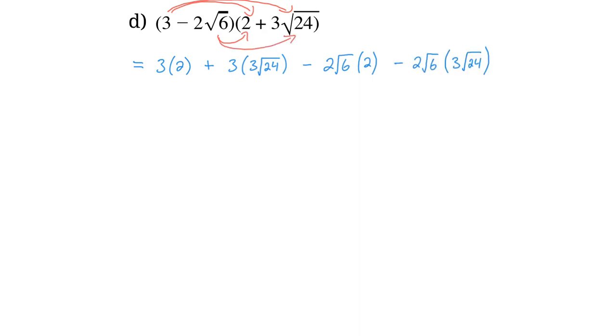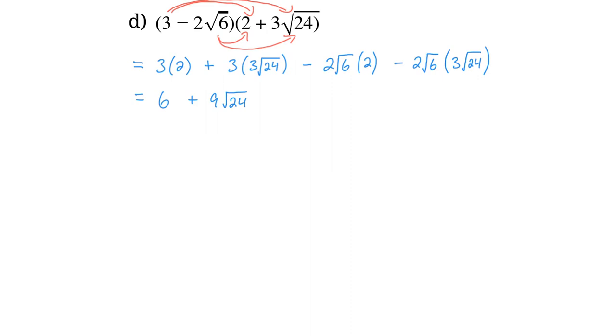So remember, when we are multiplying, we're multiplying our whole numbers together and then our radicals together using our multiplication rule. So 3 times 2 is just going to be 6. Then we're going to do 3 times 3, which is 9. And then we're going to leave that root 24 as is.